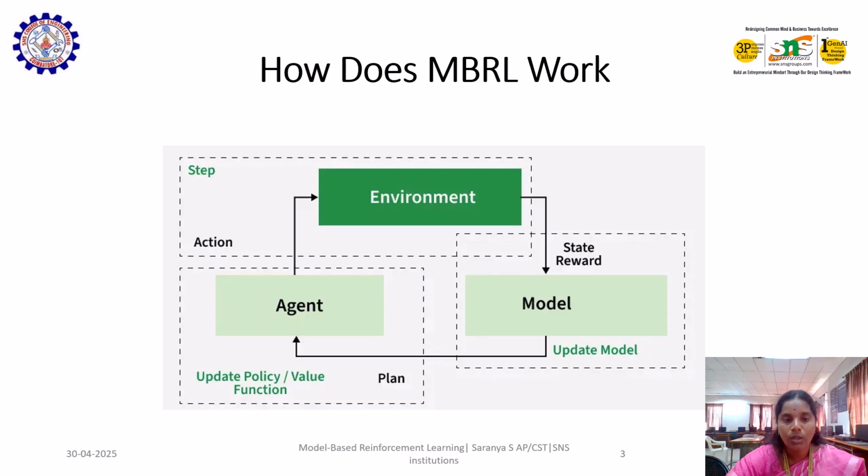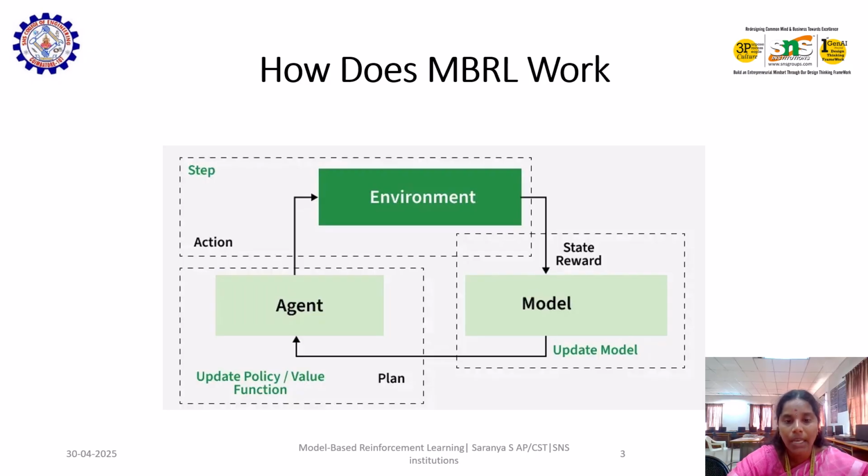It consists of four elements: the agent, the model, the state and reward, and the actions. The first step is model learning. It collects experience of interacting with the environment, and then learns a model to predict the future states and rewards.